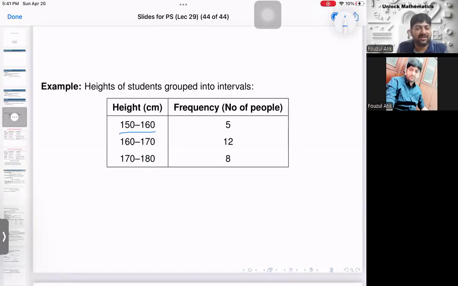But instead of writing it explicitly, we write the range, the class, that from this interval 150 to 160, there are 5 students whose height falls in that category. So this 5 is the frequency, the number of people. Similarly, between 160 to 170, there are 12. Between 170 to 180, there are 8 students. So this is an example of grouped data.